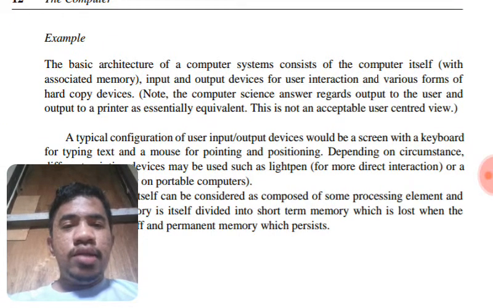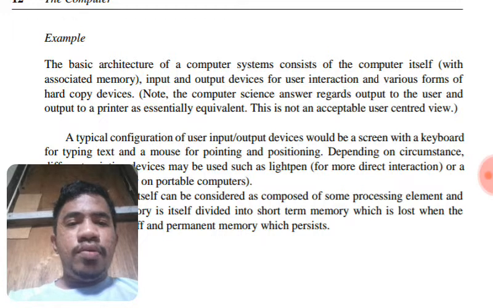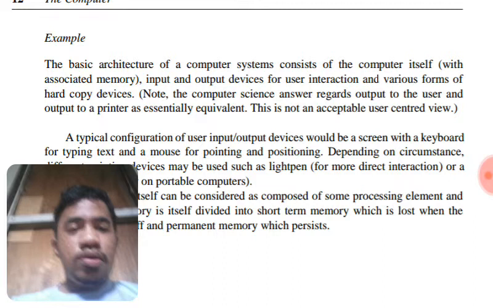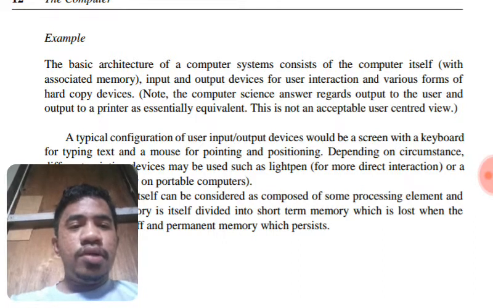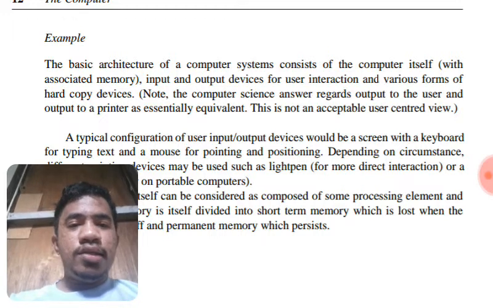Example: the basic architecture of the computer system consists of the computer itself with associated memory, input and output devices for user interaction, and various forms of hard copy device. Note: the computer science answer regards output to the user and output to the printer as essentially equivalent.